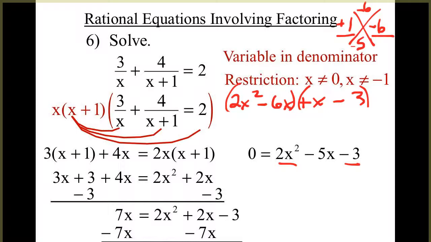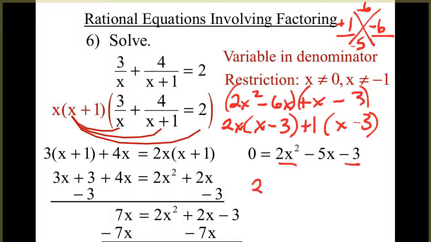And now what I have to do is divide out 2x, and I'm left with x minus 3. I'm going to divide out a plus 1. I'm left with x minus 3. And then I'm left with 2x plus 1 times x minus 3 equals 0. Set them both equal to 0.